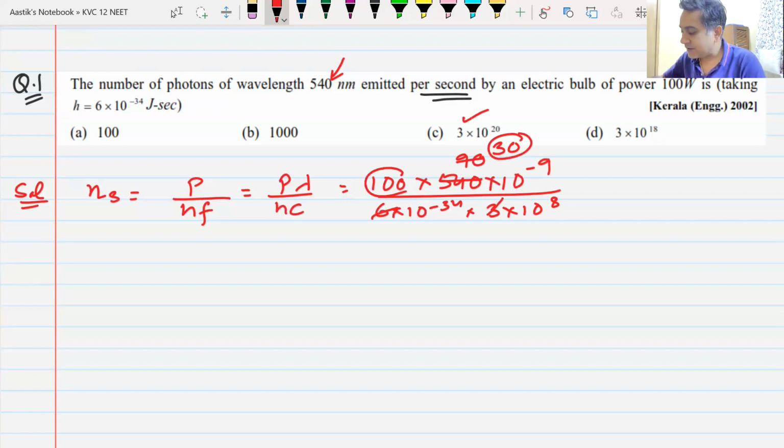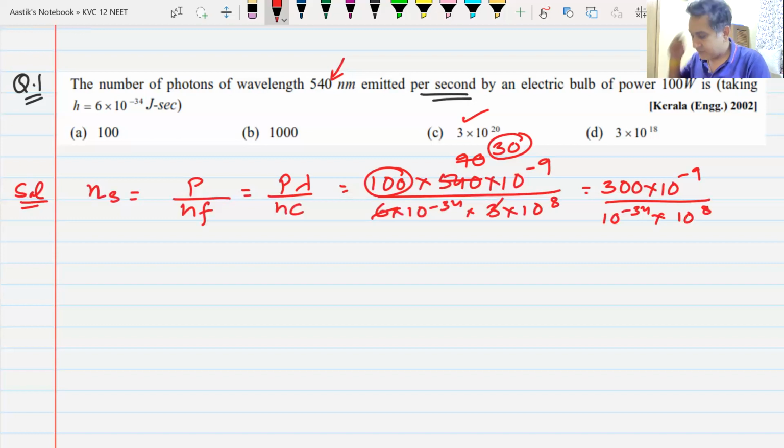30 multiplied by 100 will be 3000. So 3000 into 10 raised to the power -9 divided by 10 raised to the power of -34 into 10 raised to the power of 8. I think you will be able to do this, yes or no? If you multiply these two, it will be -34 plus 8, so it will be -26.